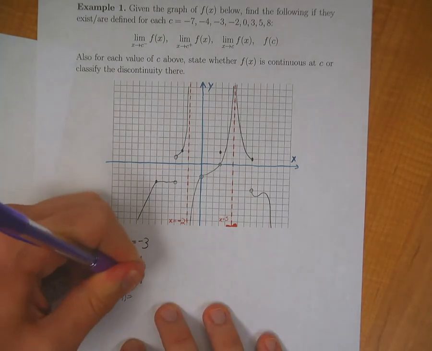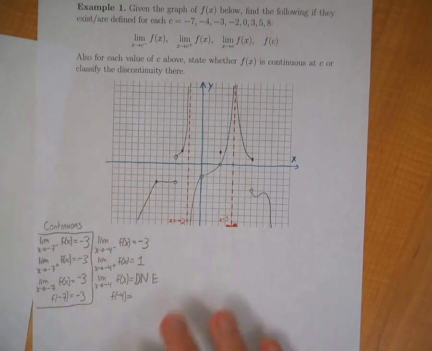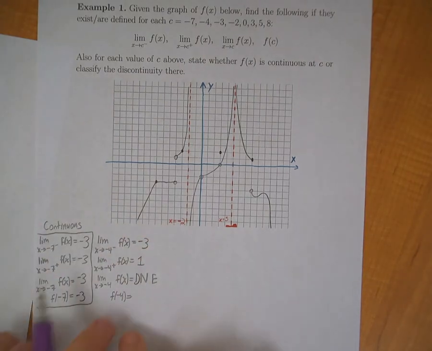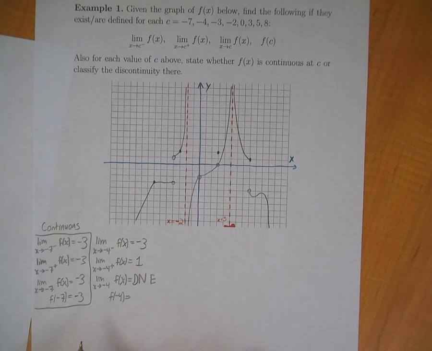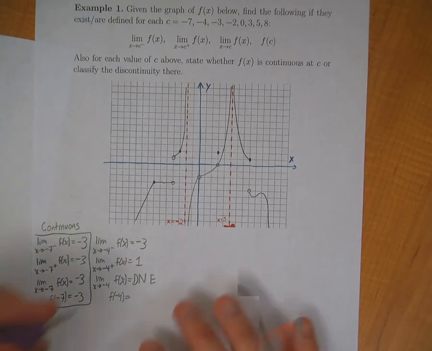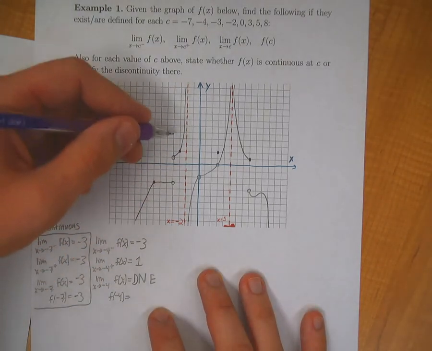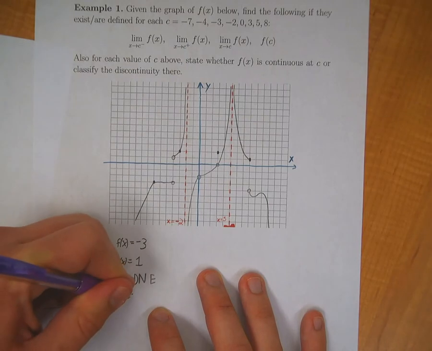Because our one-sided limits don't agree with each other. And then we also have f of -4. What can we say about f of -4? It's undefined, right? Because there's no filled-in dot that corresponds to our potential function value, so undefined.